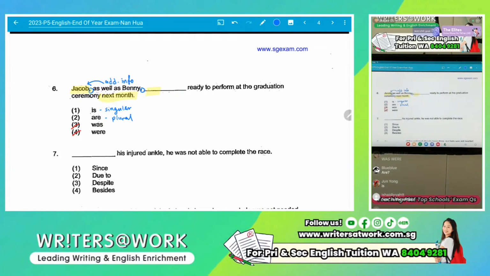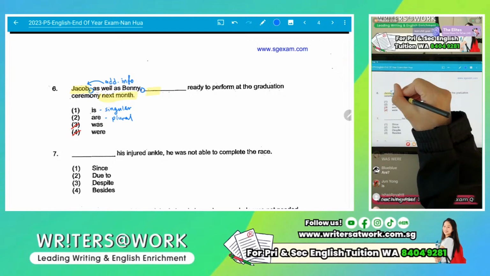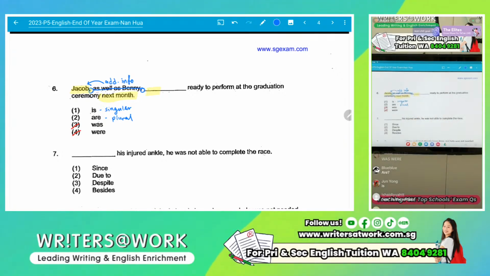So when you have additional information over here, it is unnecessary. It is optional to the noun. It doesn't provide essential information about who Jacob is. Okay, so we can safely cancel out the information over here because it doesn't matter in this question. It is unnecessary over here. Okay.